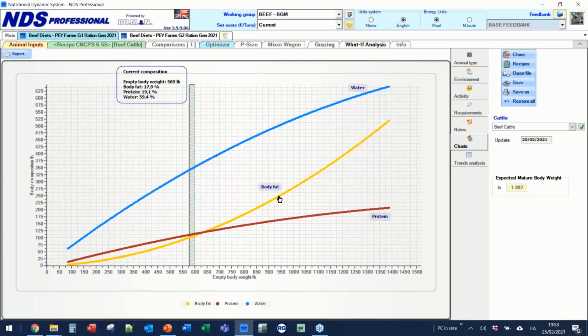Otherwise, we have to input some default number that many times does not help to be accurate in our predictions.